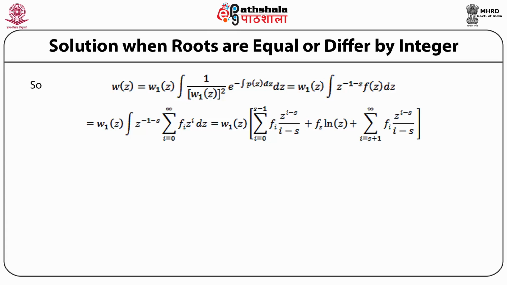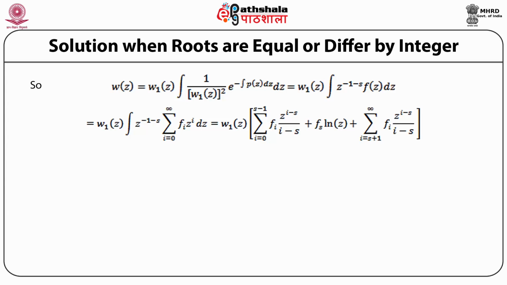This gives w of z is equal to w1 of z under the integral sign z raised to power minus 1 minus s summation i going from 0 to infinity f i z raised to power i dz.